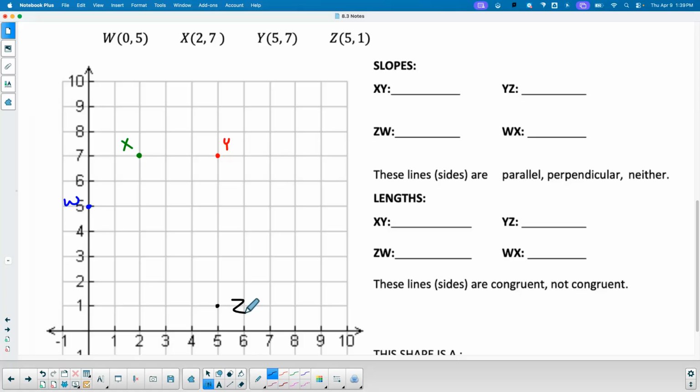Okay, make sure, yeah, 0, 5, 2, 7, 5, 7, 5, 1. This is a goofy one. I'm with you. Yeah, he's right. It looks like it should be something.